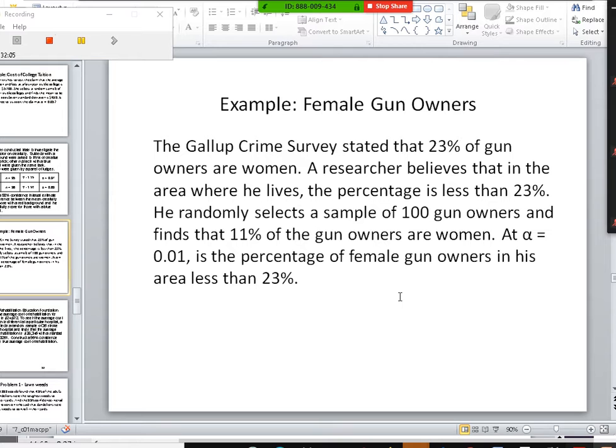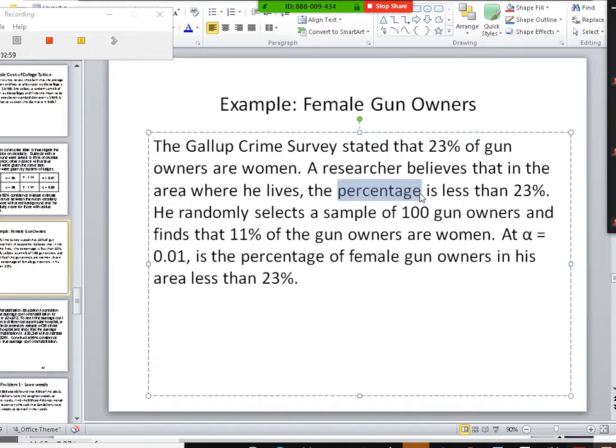All right, proportion or mean? Yep, proportion. There's no word mean or average. Also, there's a percentage, which is just like a proportion. There's also a percentage here that's not my alpha. Okay, good. So it's a Z table, you guys got that right, and then it's a hypothesis test because nowhere in here is the word confidence interval or estimate.